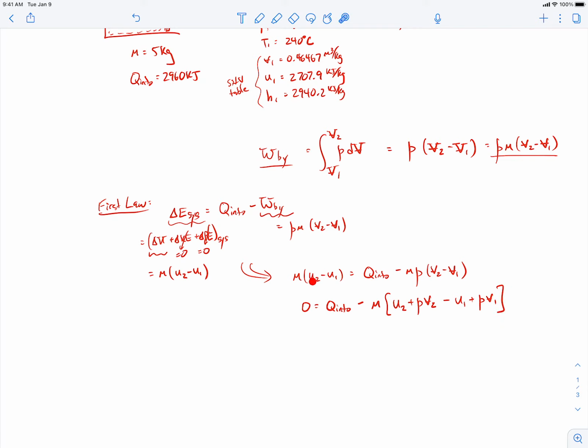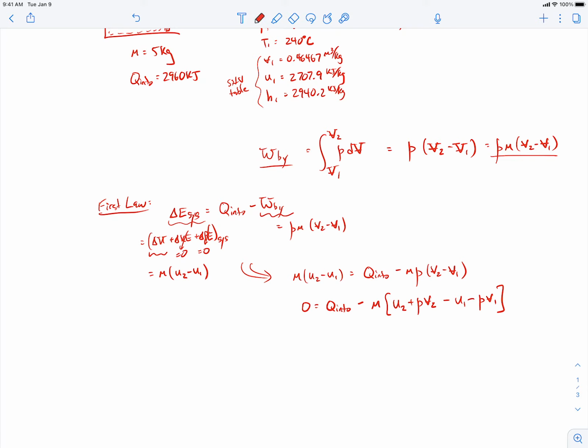So when the U2 comes over to the right-hand side, it's a negative. I've got the negative PV2, which would be right here. And then I've got the U1, when it comes over it'll be a positive, so I have a negative, negative, that makes it a positive. And then finally I have the negative times negative for the PV1, so that one should be a negative. There, I'm glad I checked my signs.